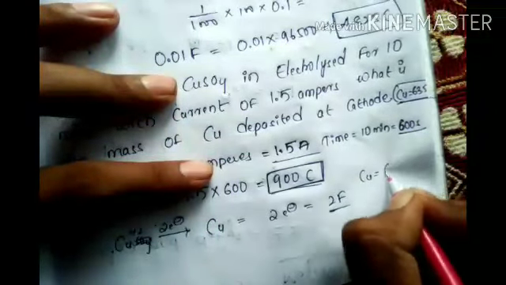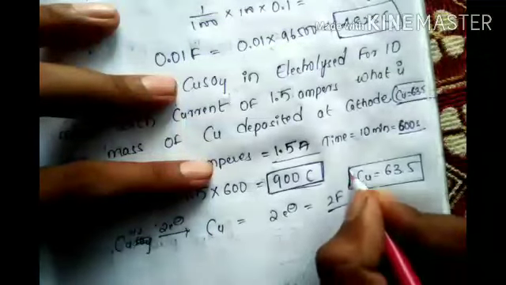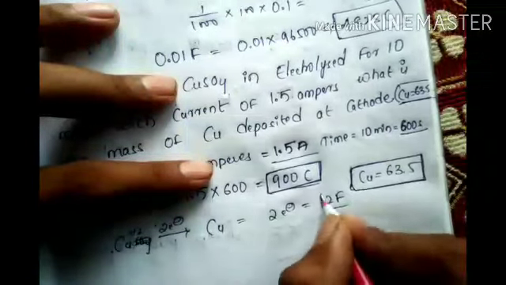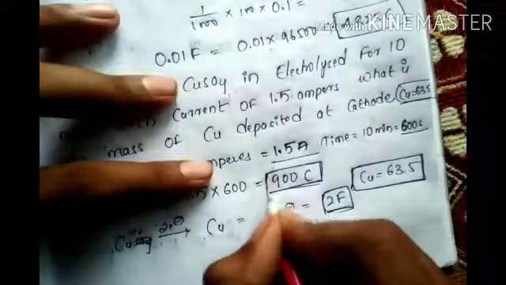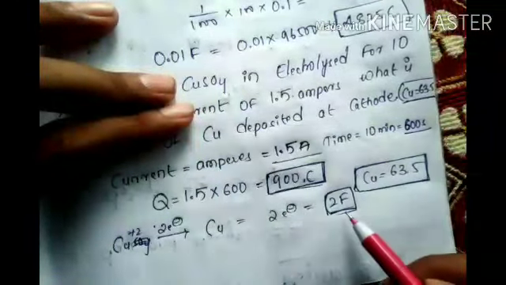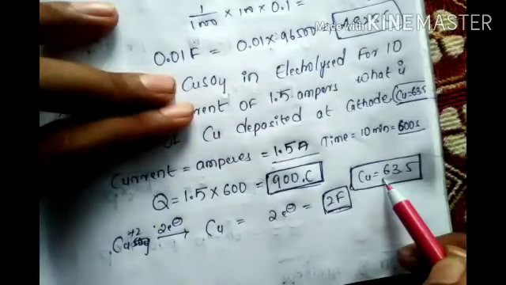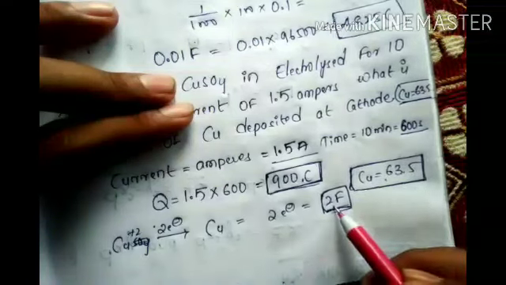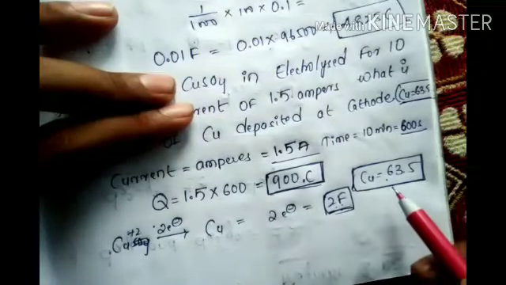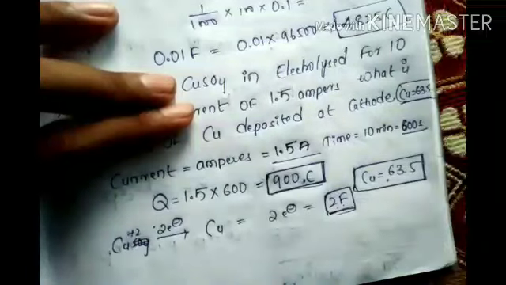Cu molecular weight is 63.5. So for each copper, 2F quantity of electricity goes for one molecular mass of copper.